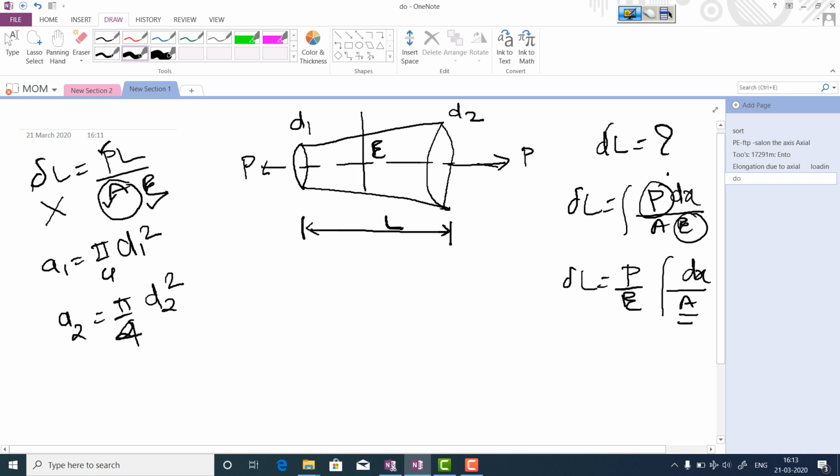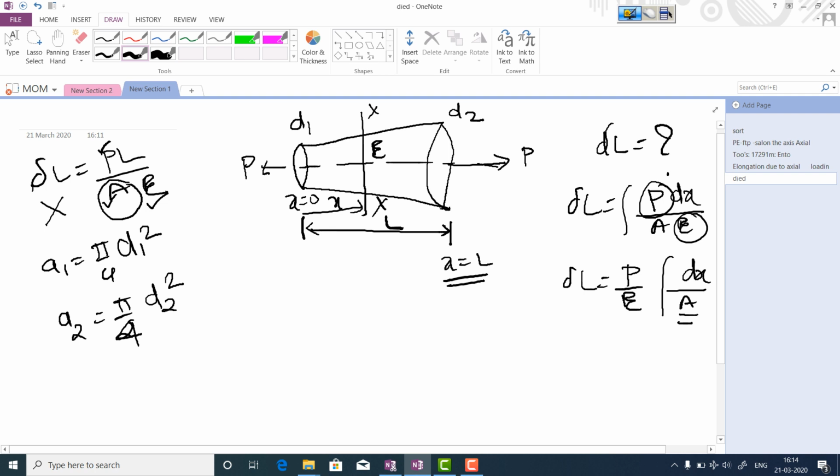So we will consider any section xx. Let's say this is x equal to 0, and at x distance, let's consider a section xx, and here x equals L.